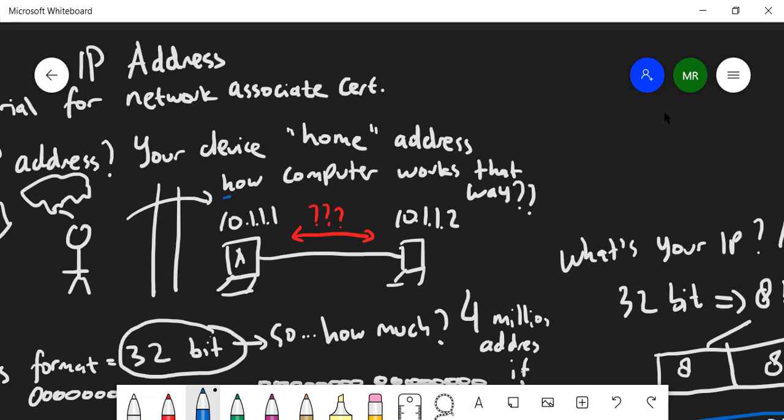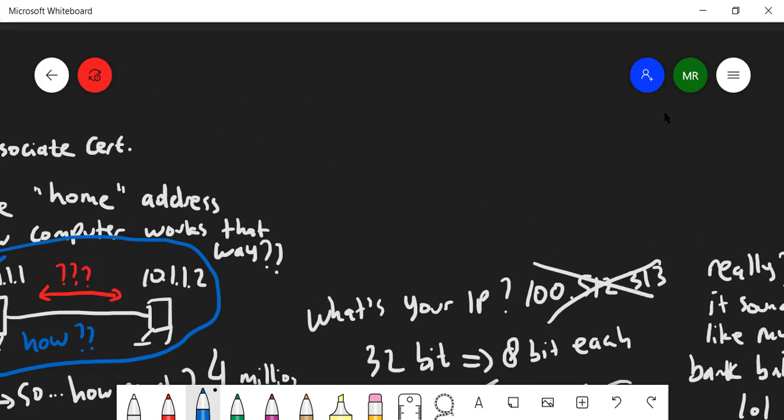Now, how can a computer with IP 10.1.1.1 know if its neighbor with IP address 10.1.1.2 is at the same network or the same location? The answer is the subnet mask.